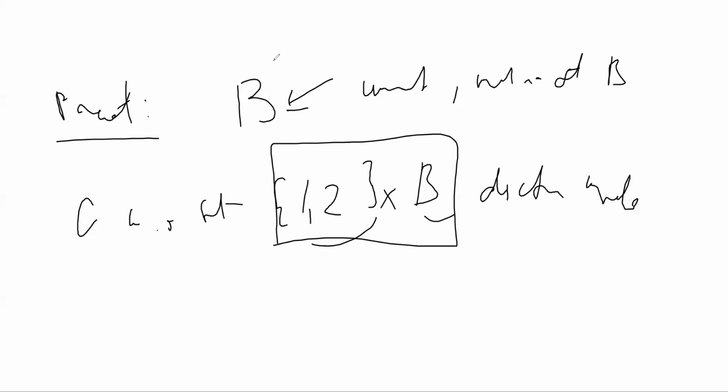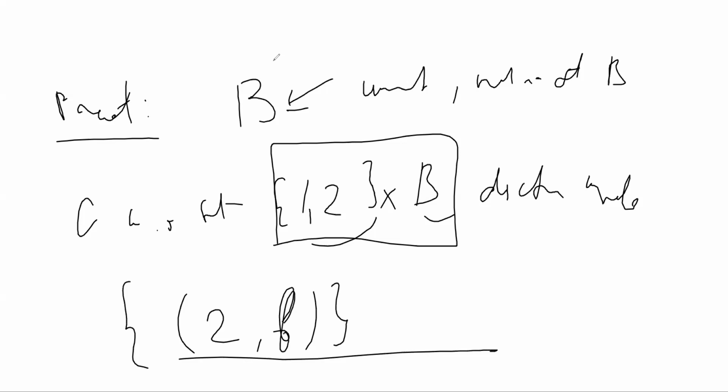Because if you just take 2 and let it run through all possible B's, this would be uncountable, because the number of B's is uncountable. And because you have even more elements starting with 1, you're sure that this would be uncountable.